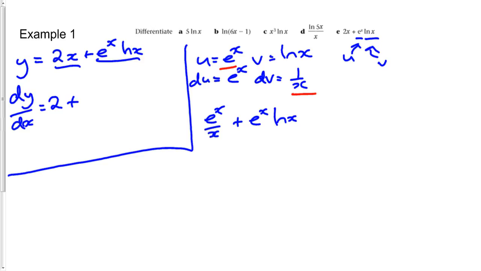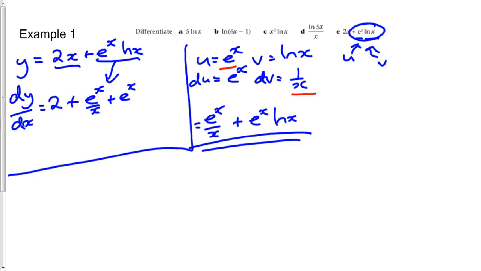So then, if you differentiate this here, e to the x log x, you get this thing here. So we're going to substitute that back in. So this thing differentiates to e to the x over x plus e to the x log x.